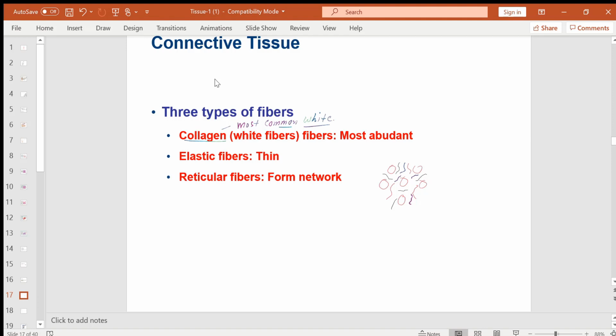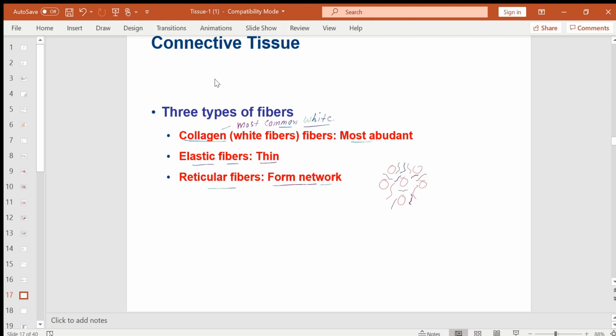Elastic fibers are thin fibers present in the elastic tissue. Example, elastic cartilage, and it gives flexibility or elasticity. Reticular fibers are found in those organs where you have network-like structures inside.